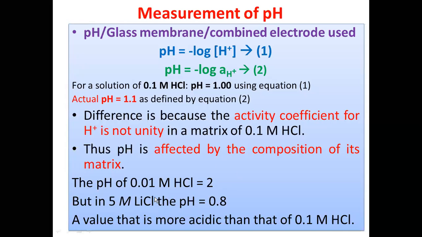But if you measure the pH of hydrochloric acid of concentration 0.01 molar in 5 molar lithium chloride, pH will be shifted to the acidic level, from 2 to 0.8. Why is this? This is due to the matrix lithium chloride. So the composition also matters. What is the conclusion you can give for this?